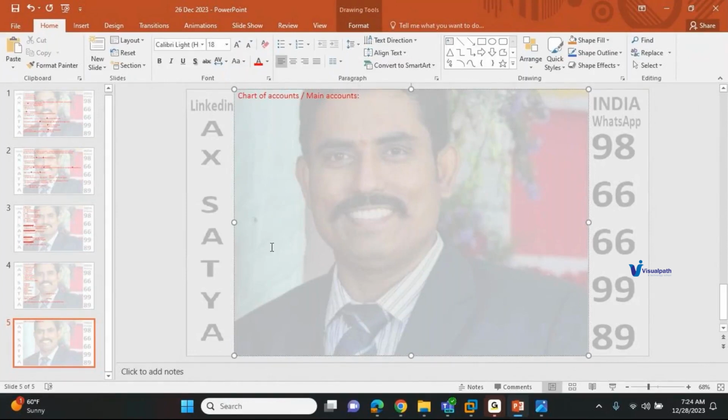Chart of accounts classification we understood like this: one is assets, two liabilities, three equities, four sales revenue, five cost of goods. Cost of goods is also called purchase expenses.